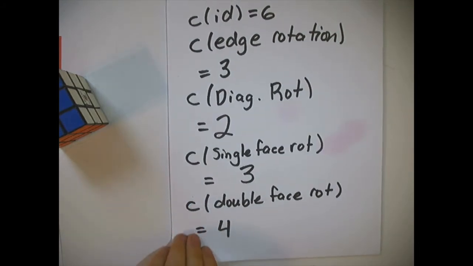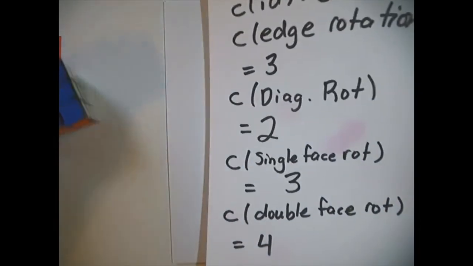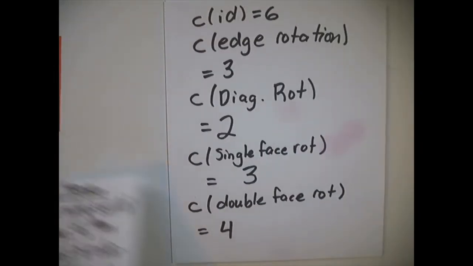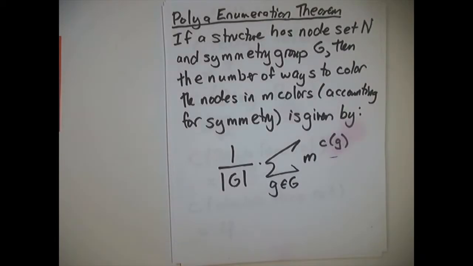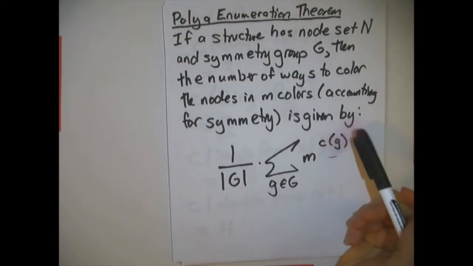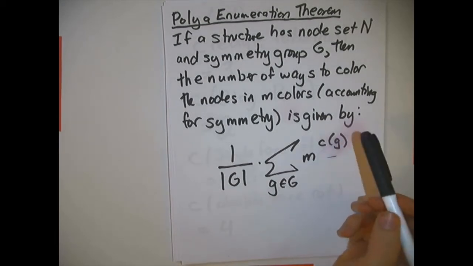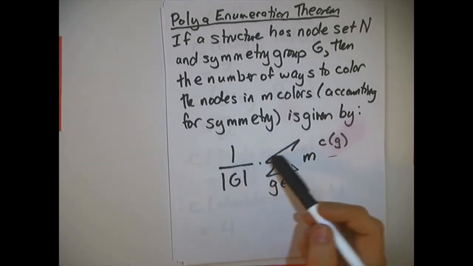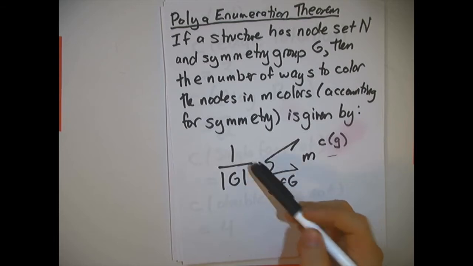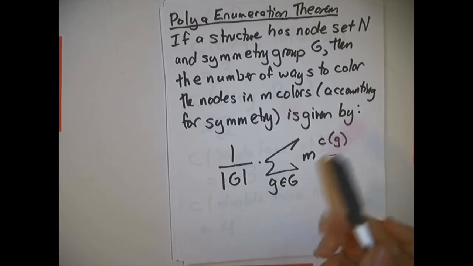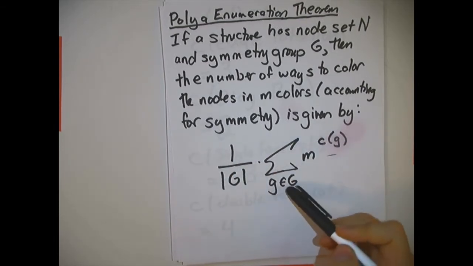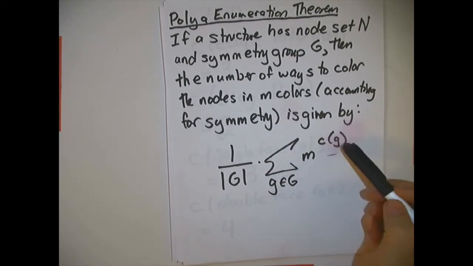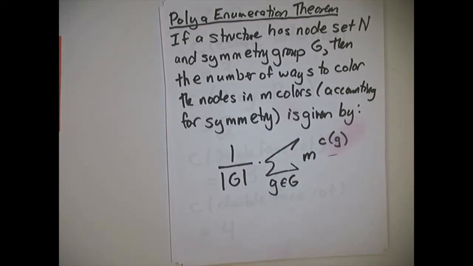Okay. So with that, we can calculate, again, this formula from the Polya enumeration theorem, namely, the number of colorings is going to be 1 over the size of the group. In this case, that's going to be 24, times the sum over the group elements of the number of colors to the cycle number power. Okay.